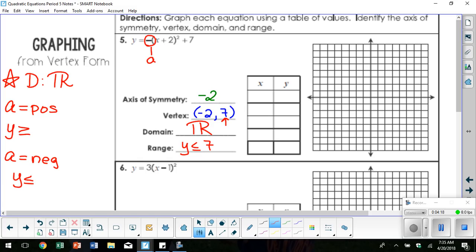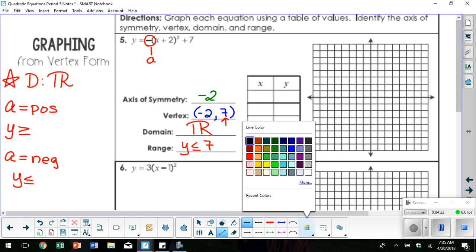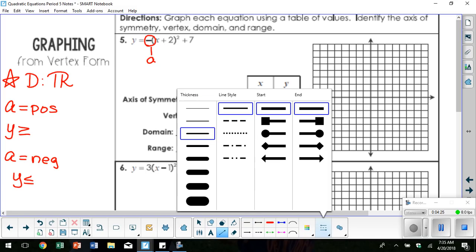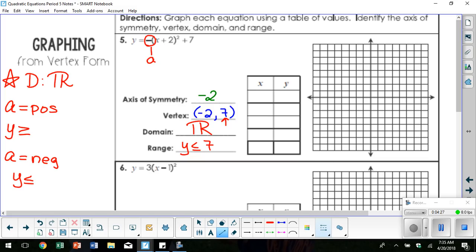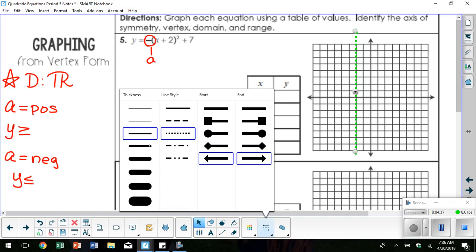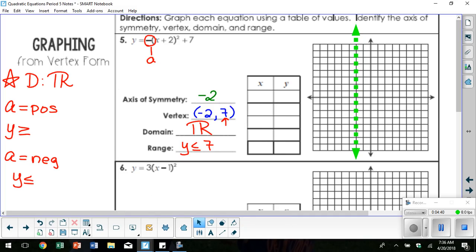So let's graph the axis of symmetry. It's at -2. There's that x equals -2.